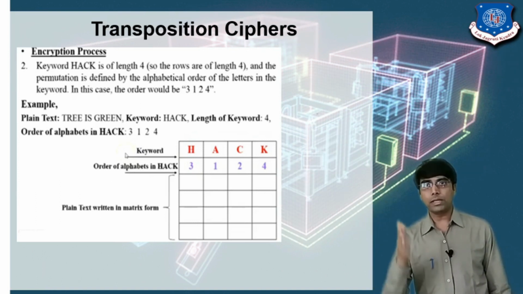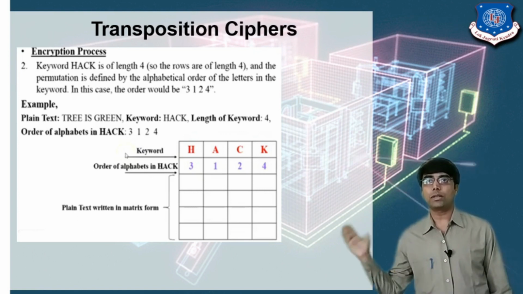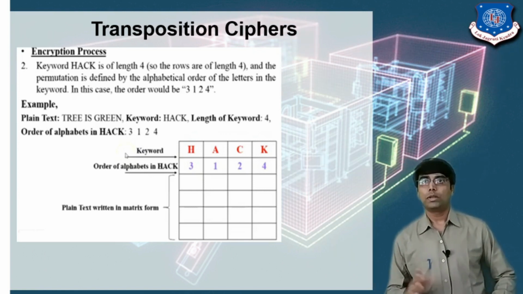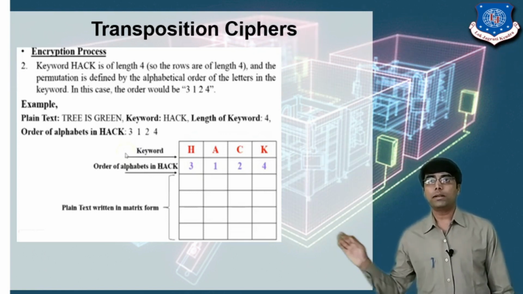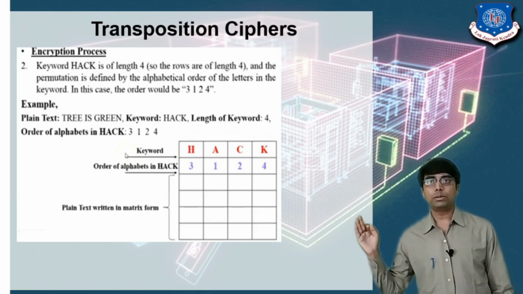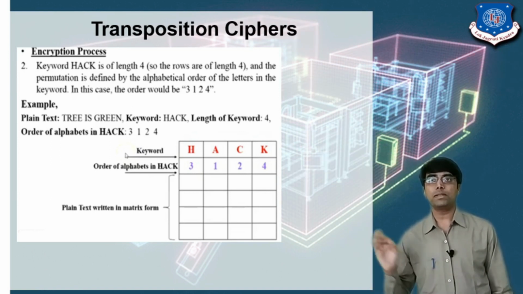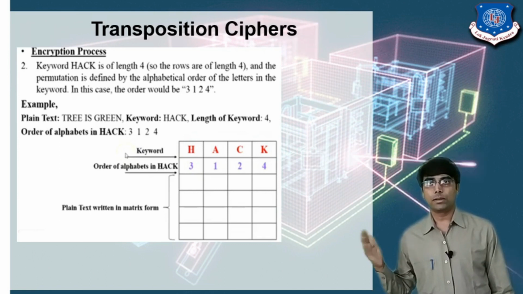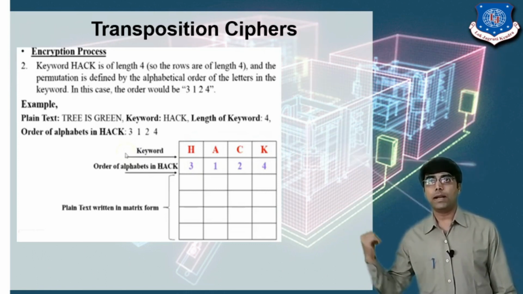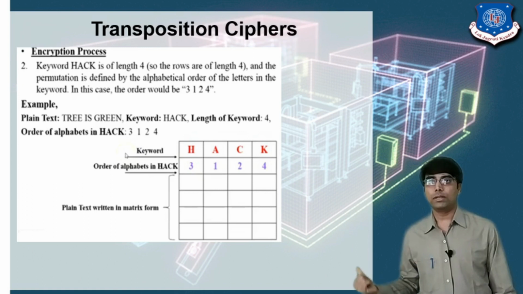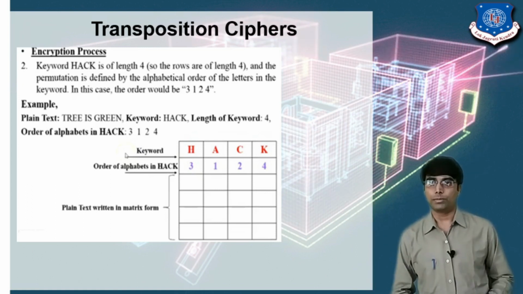C is second, so its value is 2. So A's order is 1, C's order is 2, H's order is 3, and K's order is 4.